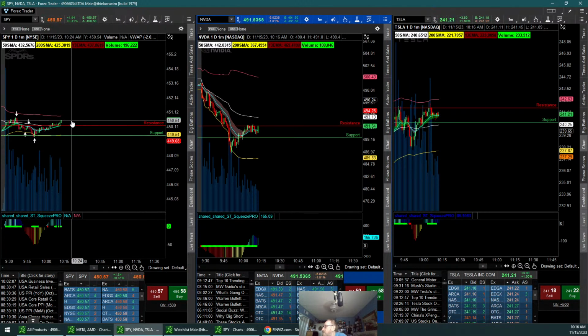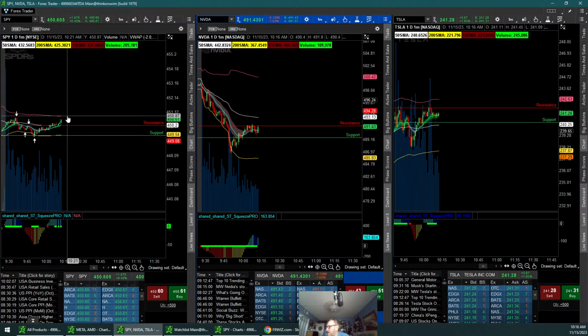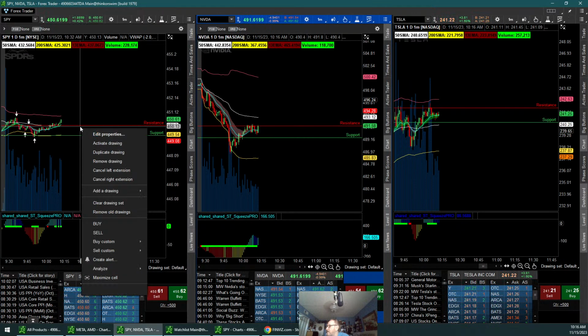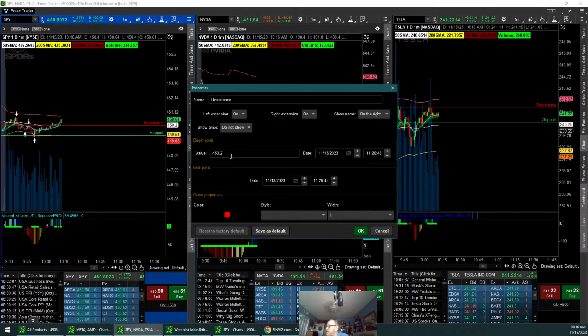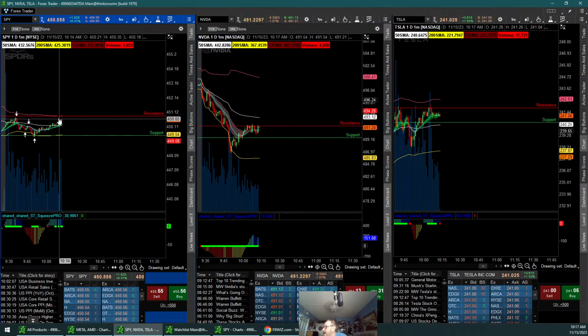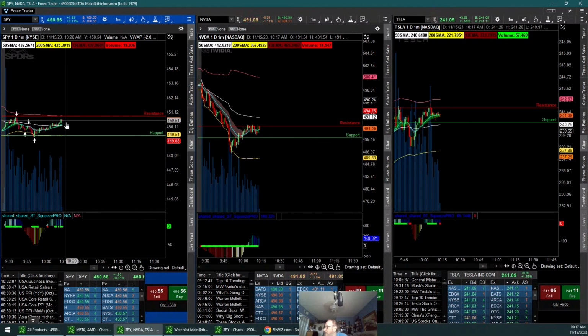And then the SPY's moving up again. I told you before, I said that 450.85 would be my target. We're almost there anyway. So let's just put it right where I think the target would be, which is 450.85. Now, if we get that far, we'd probably go to 451. But right there, just below or right at that upper VWAP plot.